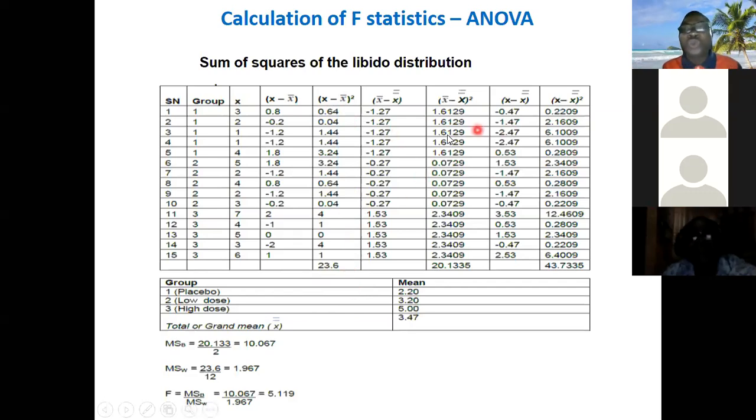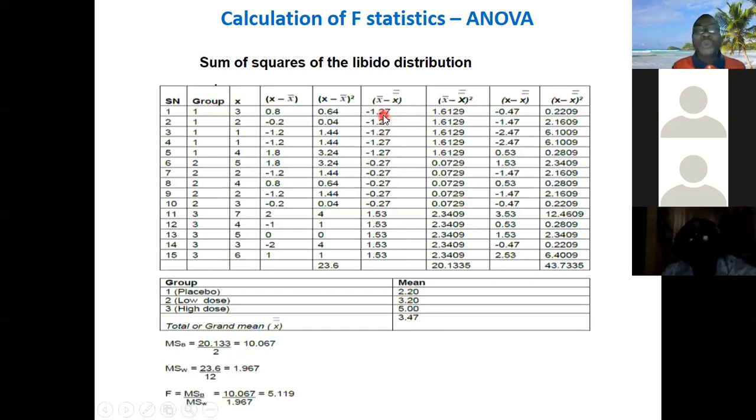The second two columns are describing bar X minus double bar X. Bar X is the mean of each group, and double bar X is the grand mean. So here we are trying to look at the difference between each mean and the grand mean, which is the variance between.